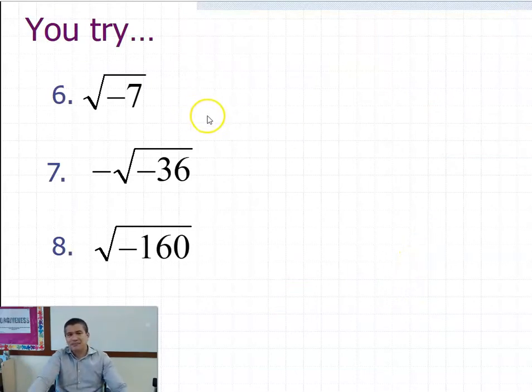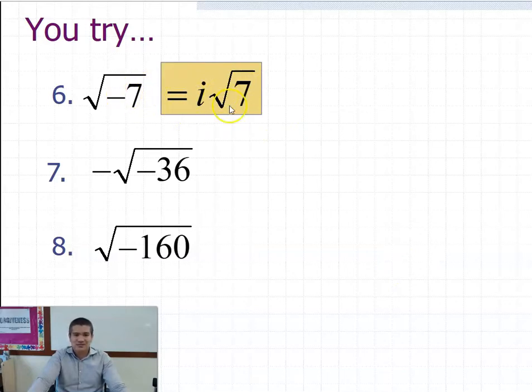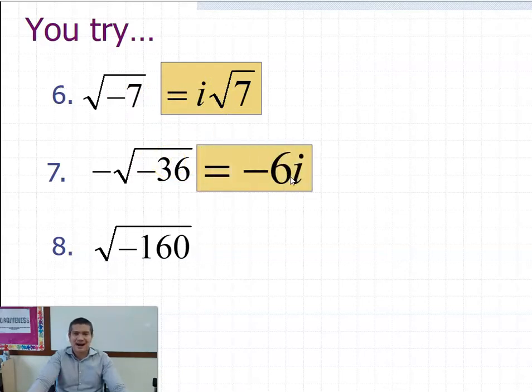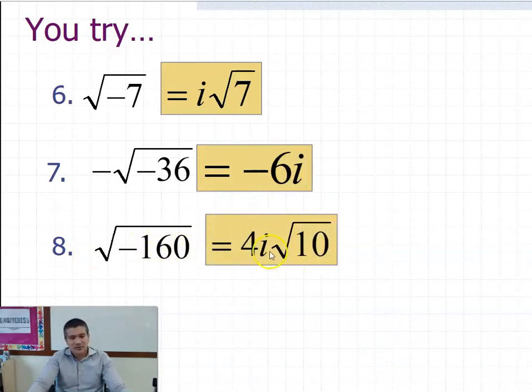Here, other examples: we have square root of negative 7, i square root of 7. This one is a perfect square, so therefore you will now have negative 6i. And then here we have square root of negative 160, which will give us 4i. Simplify this one, right? 16 times 10, that will give us 4i square root of 10.